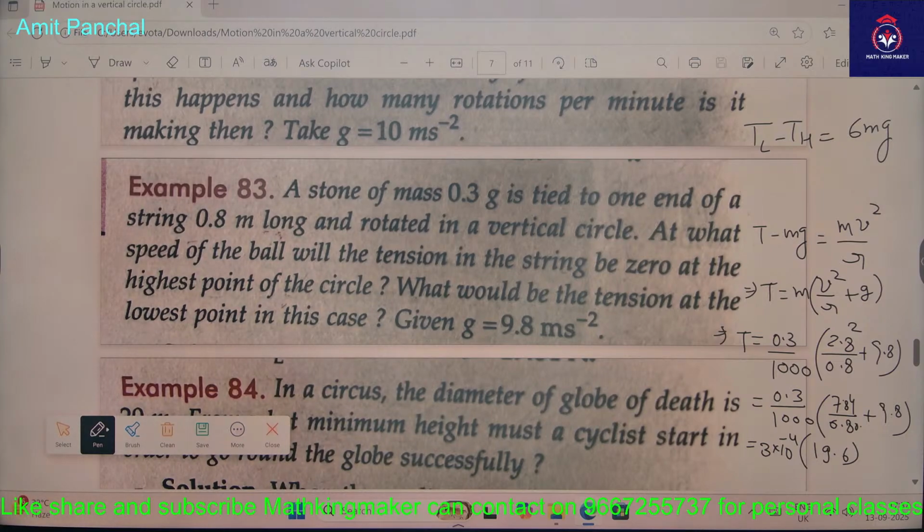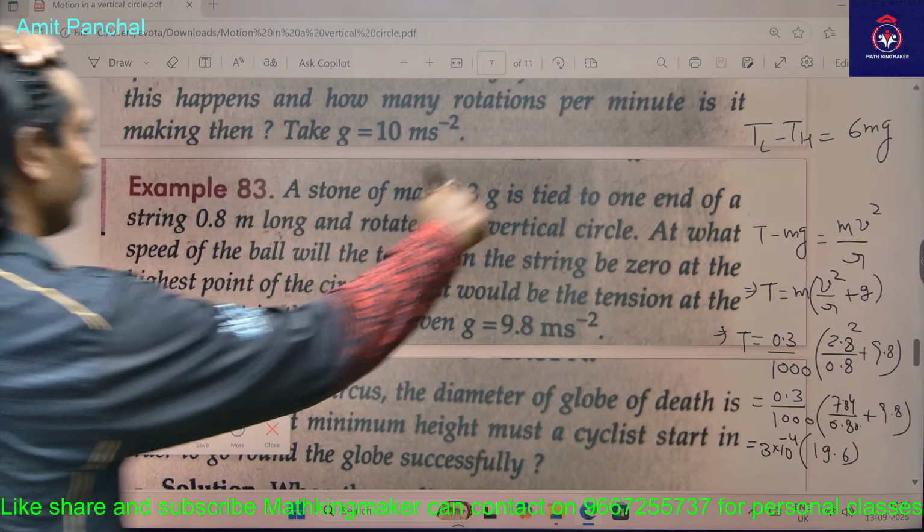0.3 gram. Okay, so I was wrong because I did not divide it by 1000. No, still the answer is wrong. What happens if you do it by TL minus TH?